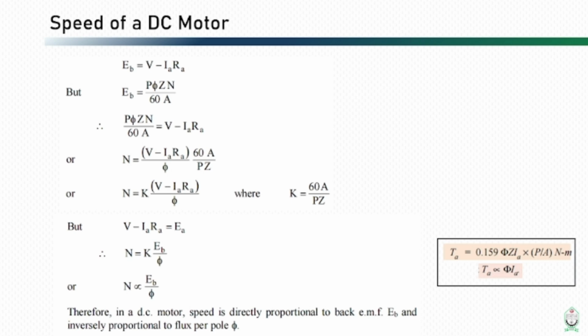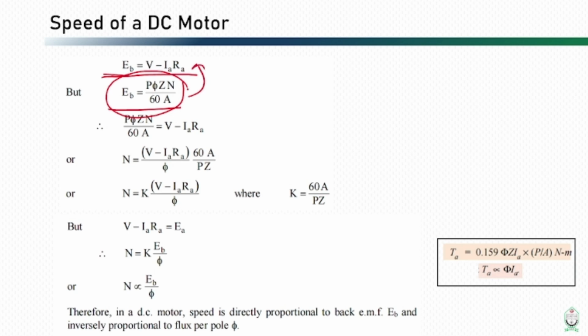So far in our previous lectures, we have learned about back EMF. Look here, this is back EMF, and we know the equation of the back EMF is this. Also, we learned that back EMF can be described using this other equation.